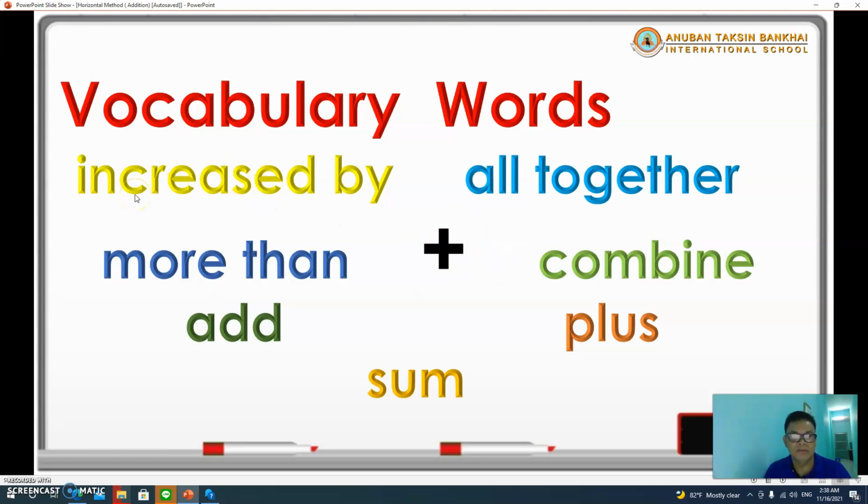We have: increase by, more than, add, all together, combine, plus, sum. When you add two numbers, the answer is the sum, S-U-M. So this is a plus sign or addition.